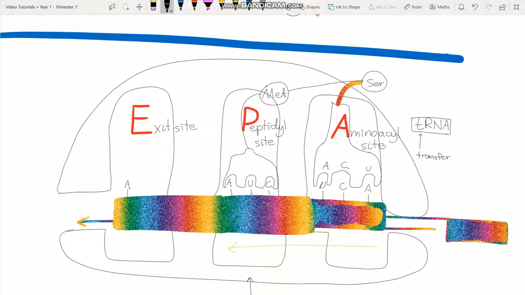Essentially, this AUG sequence, which has moved another place to the E site, will have its tRNA molecule removed. However, the particular amino acid will stay on the chain. The particular sequence with serine will now move to the P site in the same way that methionine did, with the formation of a peptide bond.